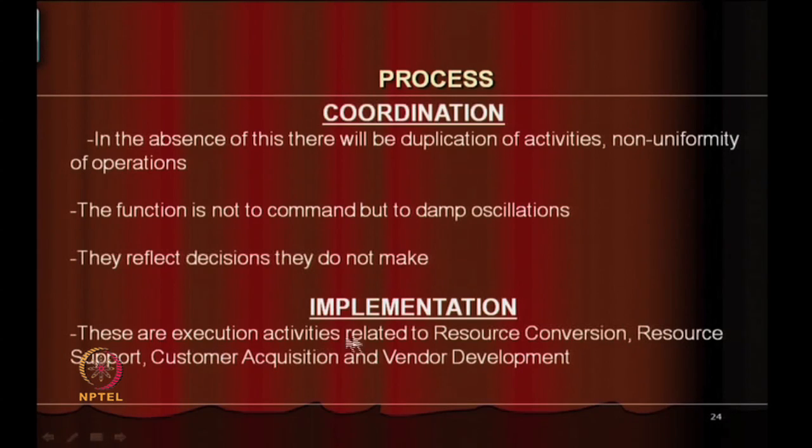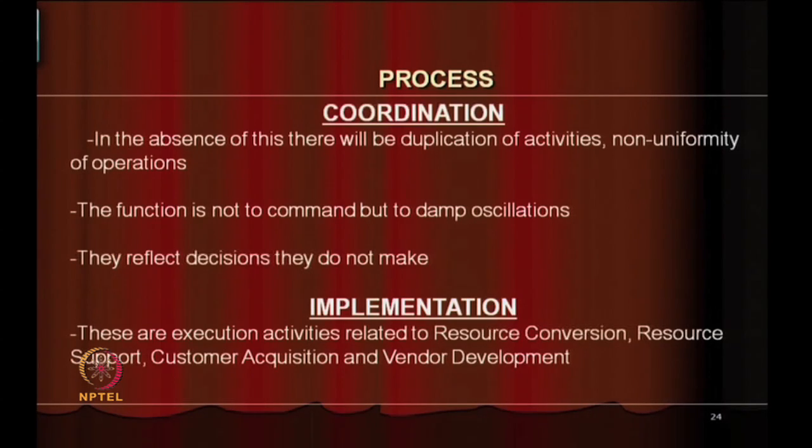These are execution activities related to resource conversion, that is implementation. Resource support, customer acquisition and vendor development. You will notice that by the time we come to implementation, I am talking of operational aspects of resource support, customer acquisition and vendor development.